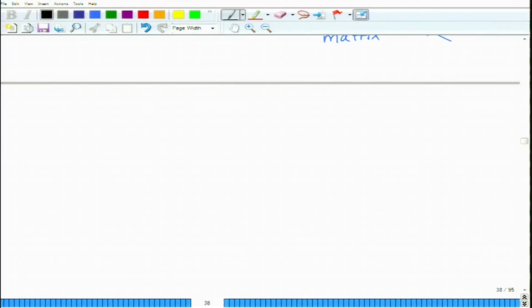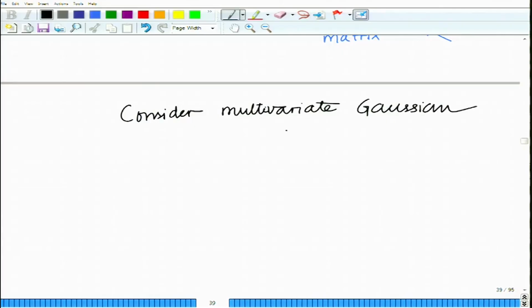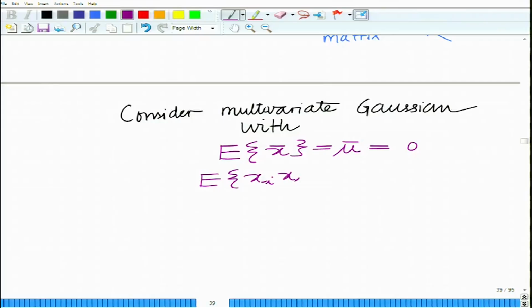So, consider a multivariate Gaussian with expected x bar equals mu bar equals the 0 vector, and expected value of xi into xj, the different components, is equal to 0 if i not equal to j and sigma square if i equal to j.